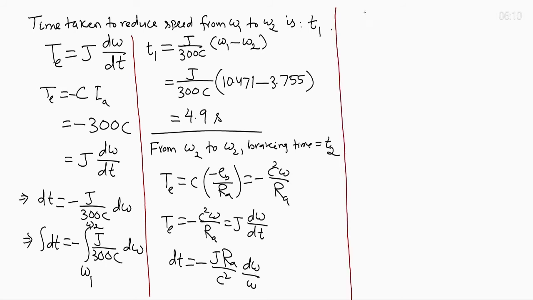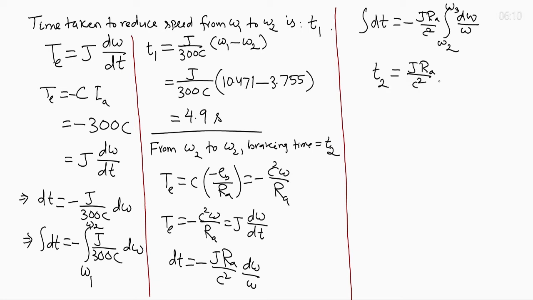Now the integral of dt equals minus J RA by C square times the integral of dω by omega. The initial speed is omega 2, where the second phase starts, and the final speed is omega 3. So T2 equals J RA by C square times ln(omega 2 by omega 3).